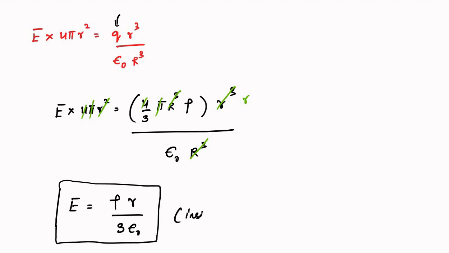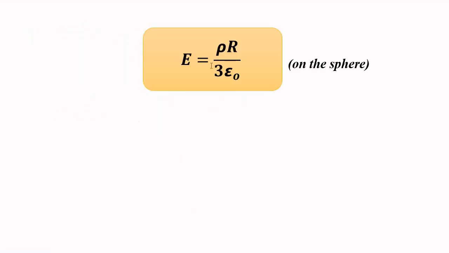Inside the sphere. So we had already calculated the electric field on the surface of the sphere, which was how much? ρ R by 3 ε₀ on the surface of the sphere.